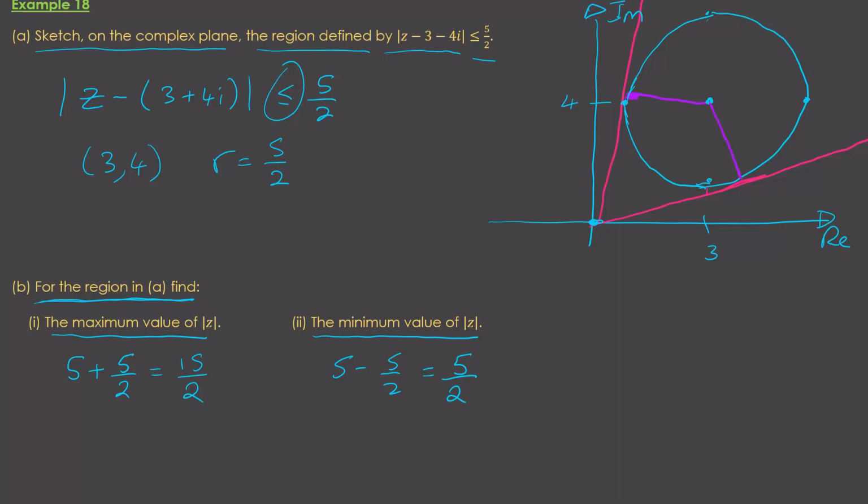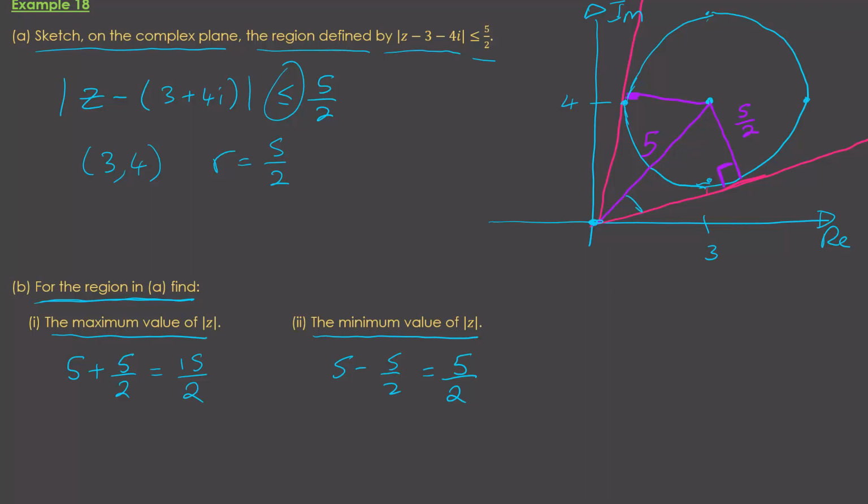And of course, we know that the radius is 5 over 2. Let's do a line from the origin to the center of the circle. And as discussed in the other part of the question, we know that that's of length 5 because the center is at the point 3, 4. We also know that this will be a right angle.